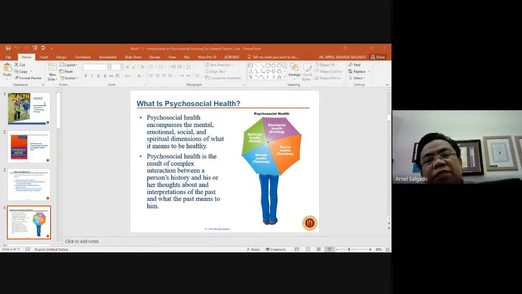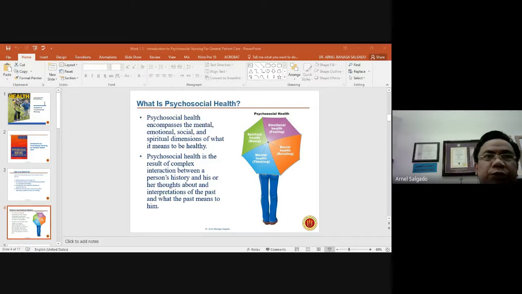Childhood and adolescence are times of particular vulnerability to psychosocial dysfunction. The experiences of every single individual as they grow will always tell how they can cope with the situations that they have, and of course, the different stages that they are in. That's why I keep on telling my students, if you are caring for patients who are adolescent or old age, be extra careful.